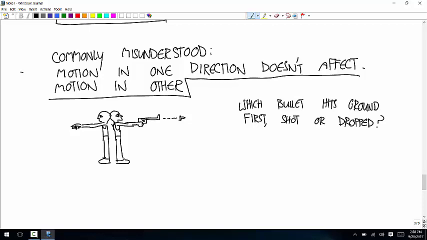The truth is that the fact that one of them is going horizontally really fast doesn't have any effect on what happens vertically. And so the bullet that's being shot, even though it has a really big horizontal velocity, falls just the same as the other one in the vertical direction. And so those two are going to hit the ground at the same time.